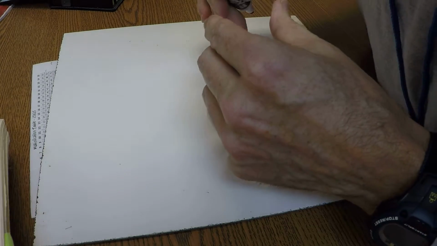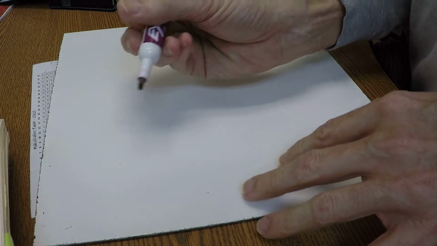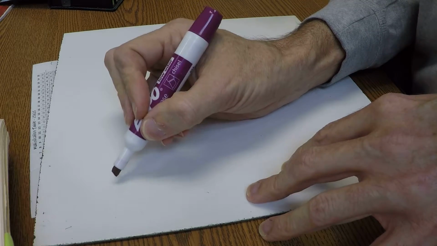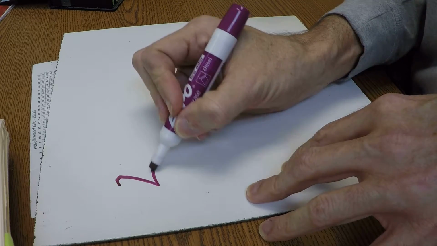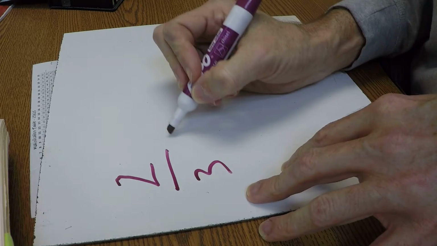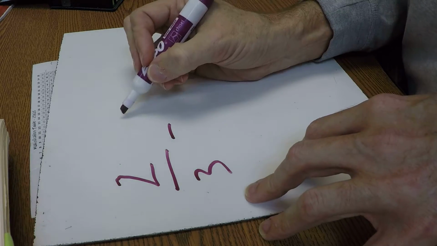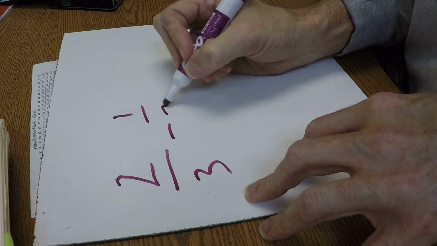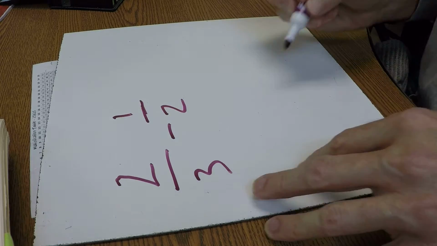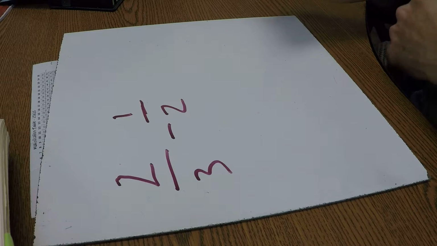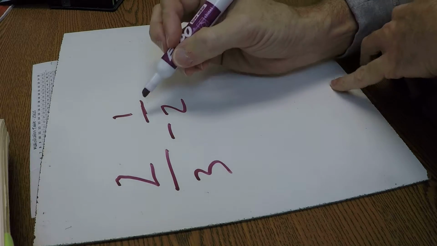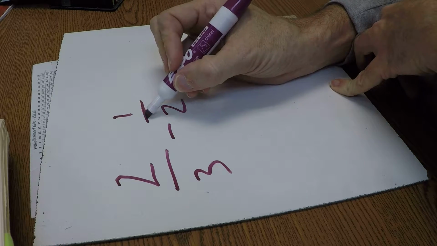And let me find an example here in your book. So let's say that we're going to take 2/3 and we're going to subtract 1/2. Again, straight out of your book. I'm giving you answers to the first two. I don't think your teachers are going to mind.